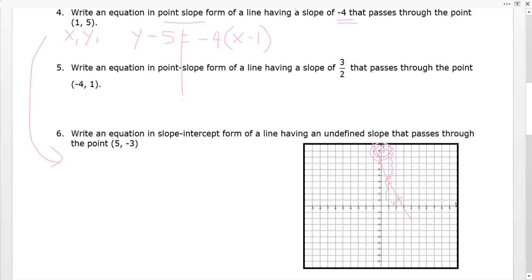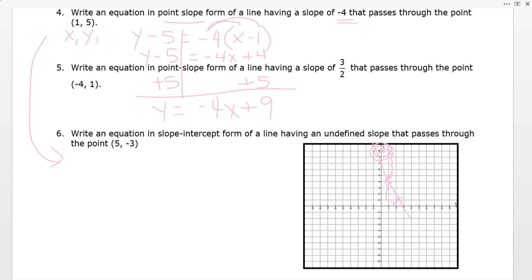So let's take this equation and simplify. So let's distribute. y minus 5 equals negative 4x plus 4. I add 5 to both sides. Man, I'm going to be glad when I feel better. And y is equal to negative 4x plus 9. We know that 9 is the y-intercept.